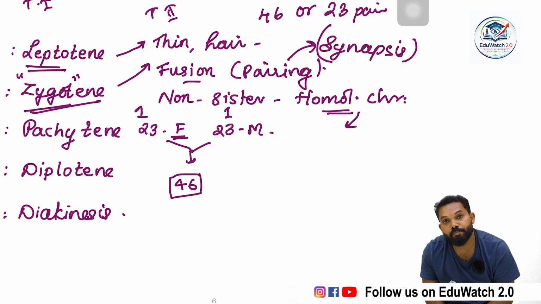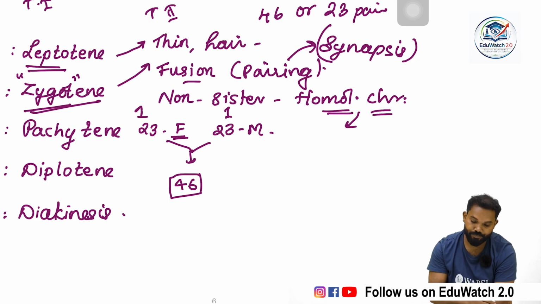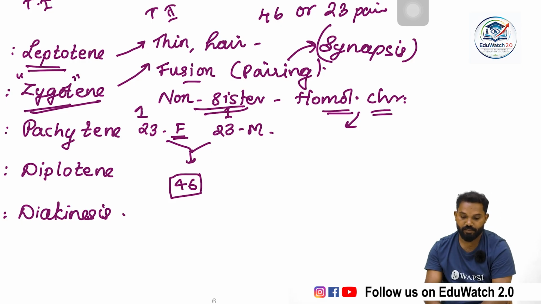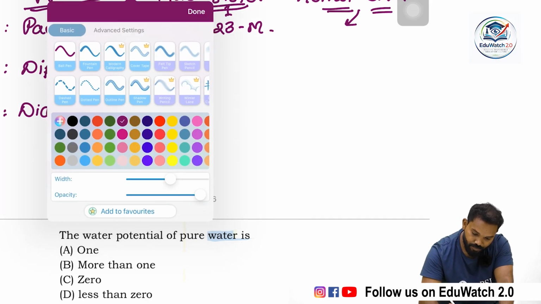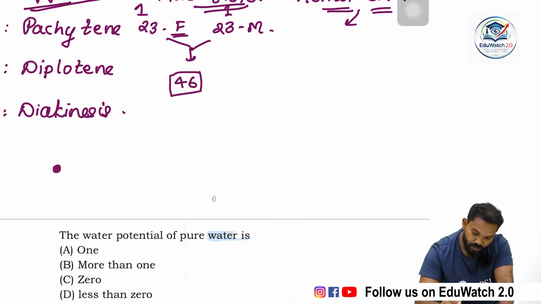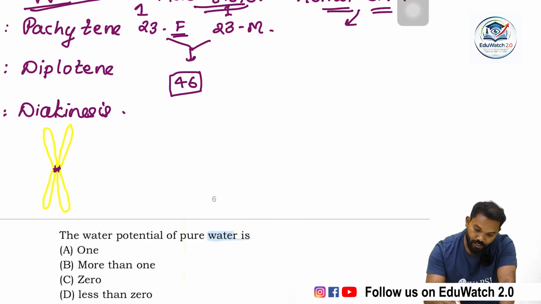So, a homologous chromosome is a pair of chromosomes. In our diploid cells, there are 23 pairs, and each pair is a homologous chromosome. Then what is a non-sister chromatid? Structurally, a chromosome consists of two chromatids adjoining at a centromere.